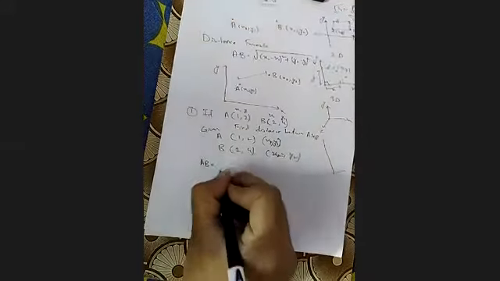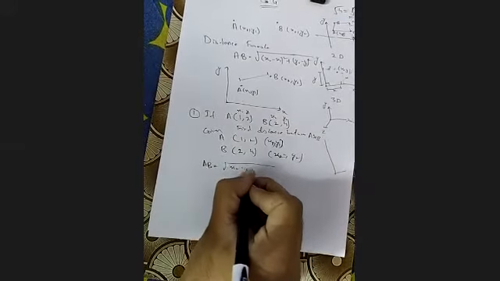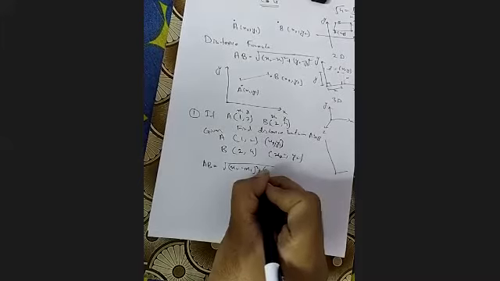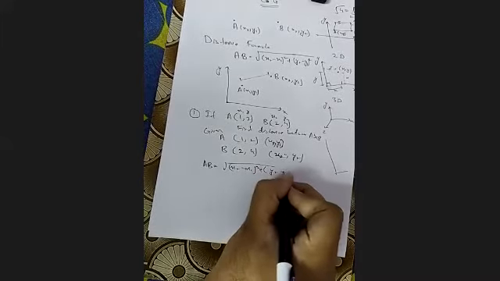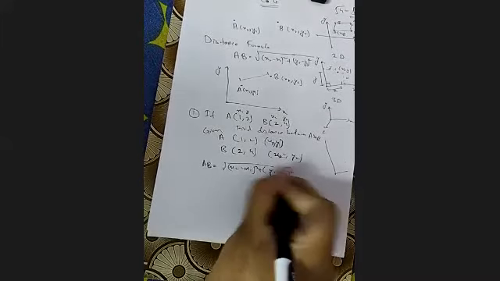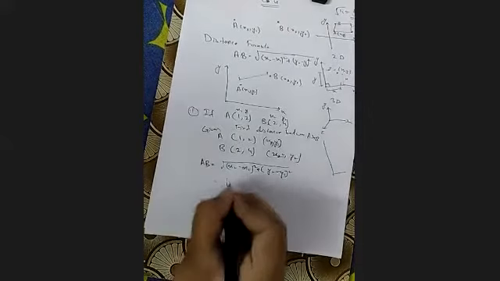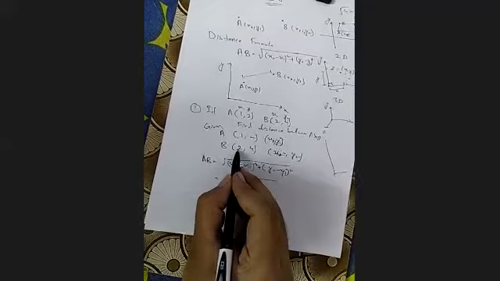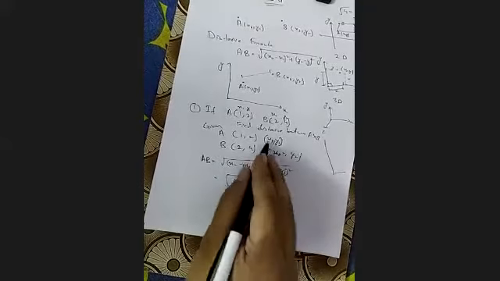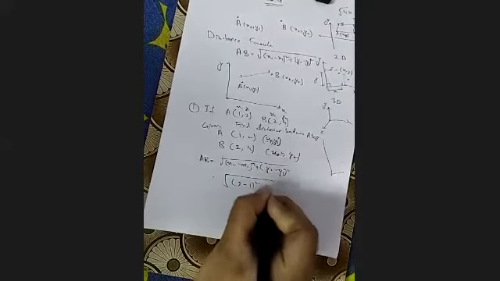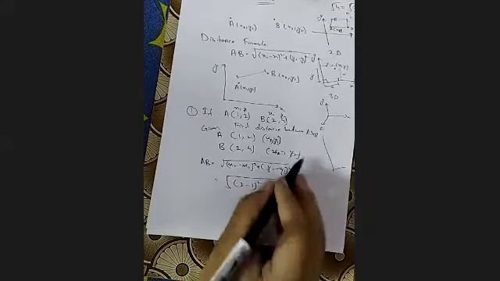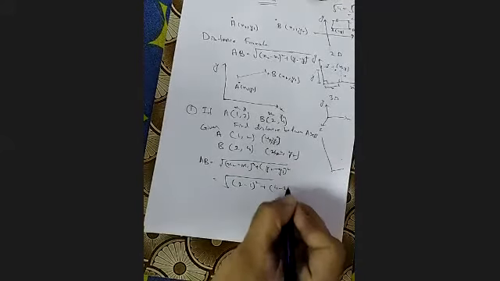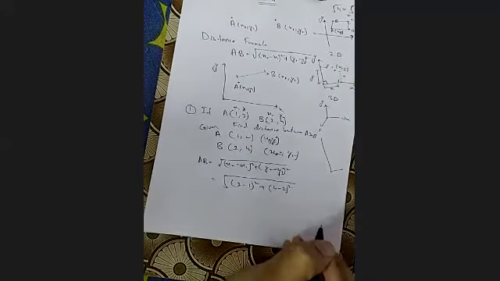Now apply the formula. AB is equal to root of x2 minus x1 whole square plus y2 minus y1 whole square. So if you substitute, what will you get? x2 is nothing but 2, so 2 minus x1, which is nothing but 1, whole square, plus y2 is 4 minus y1 is 2, 4 minus 2 whole square.